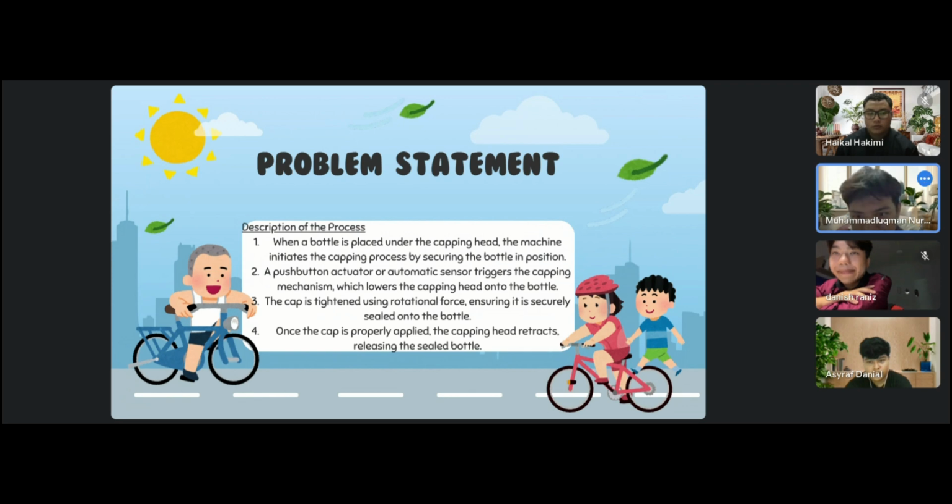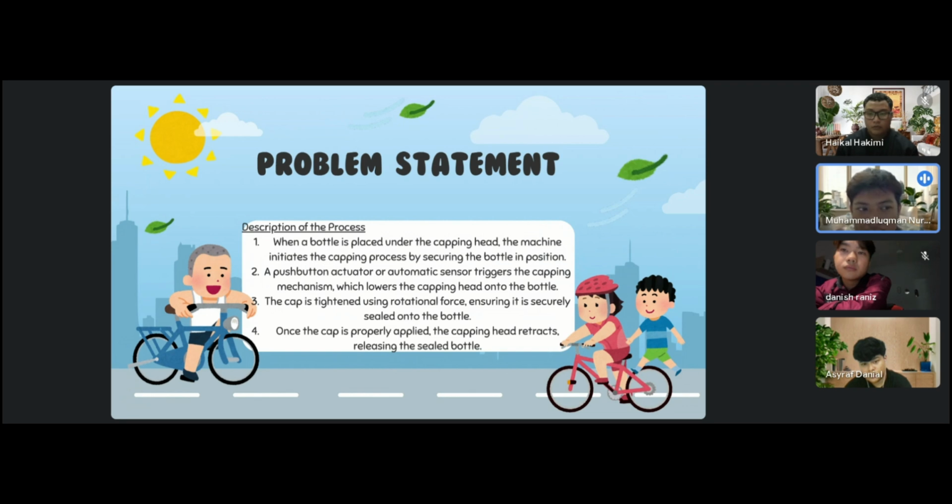The last step is, once the cap is properly applied, the capping head retracts, releasing the sealed bottle. After the cap has been securely tightened onto the bottle, the capping head automatically retracts. This upward movement disengages the capping head from the sealed bottle.